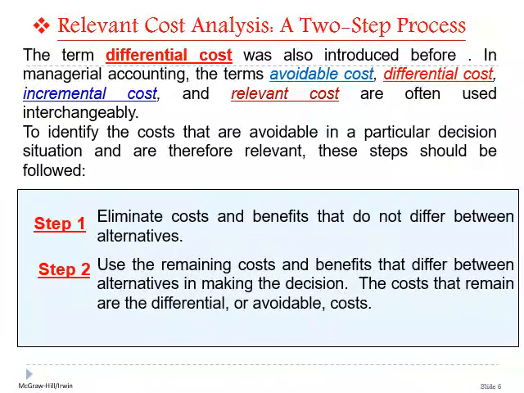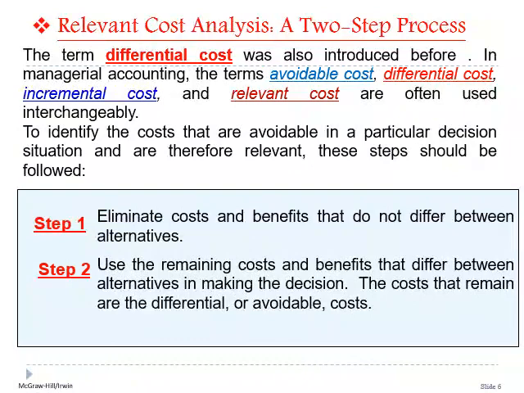So step number one, you have to eliminate the costs and benefits that are irrelevant. Irrelevant means that don't differ between alternatives. هستبعد كل التكاليف والمنافع اللي هي تعتبر غير ملائمة. طب يعني ايه غير ملائمة؟ اللي هي ما بتختلفش بين البدائل. تمام.